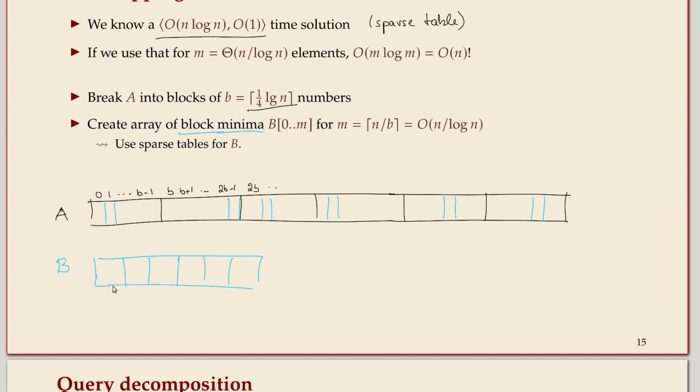So you just take those numbers and copy them into this array in the same order that they appear. So the ith block contributes the ith entry here. So that's the smallest elements in each block. And for this array B, we will build our sparse table data structure.